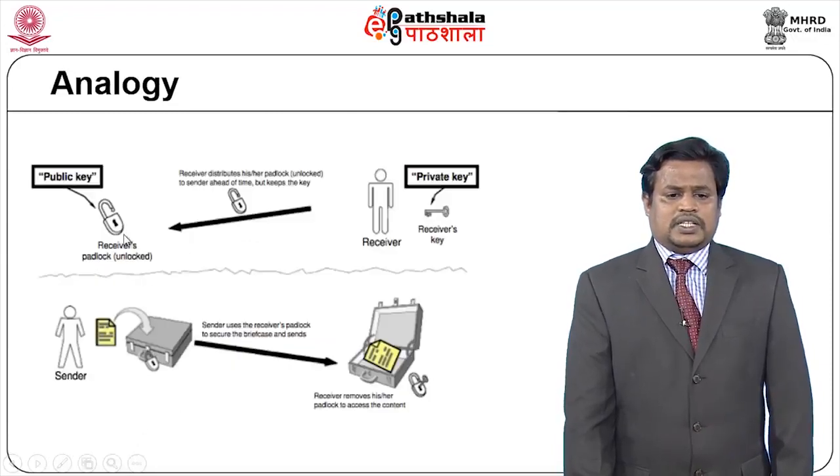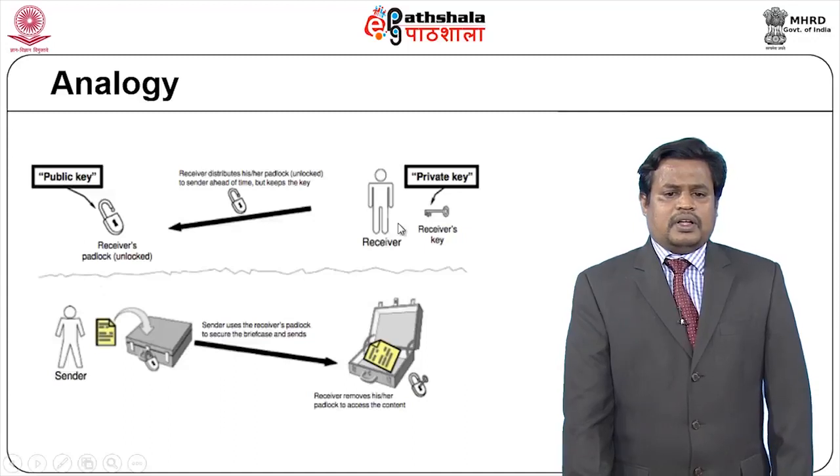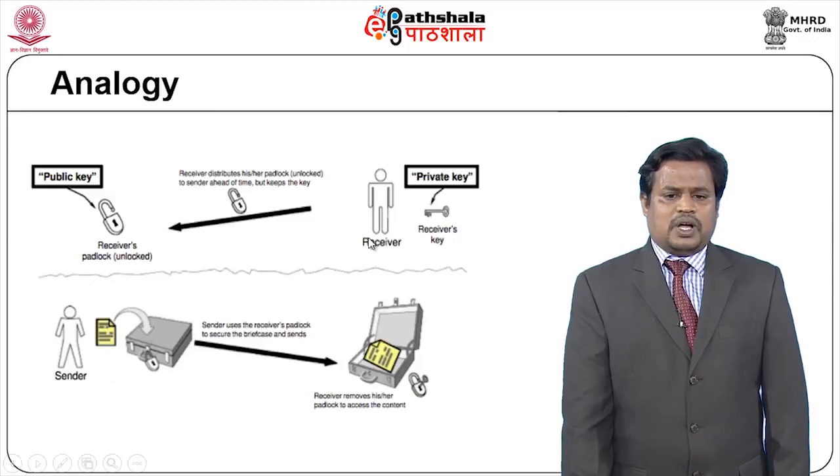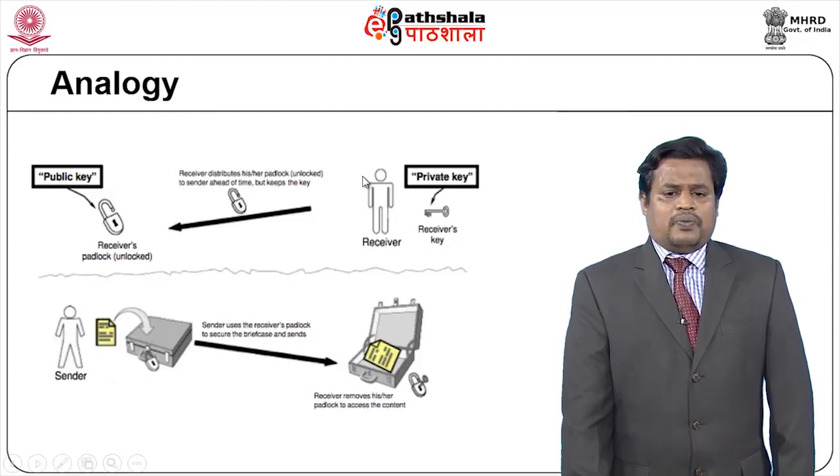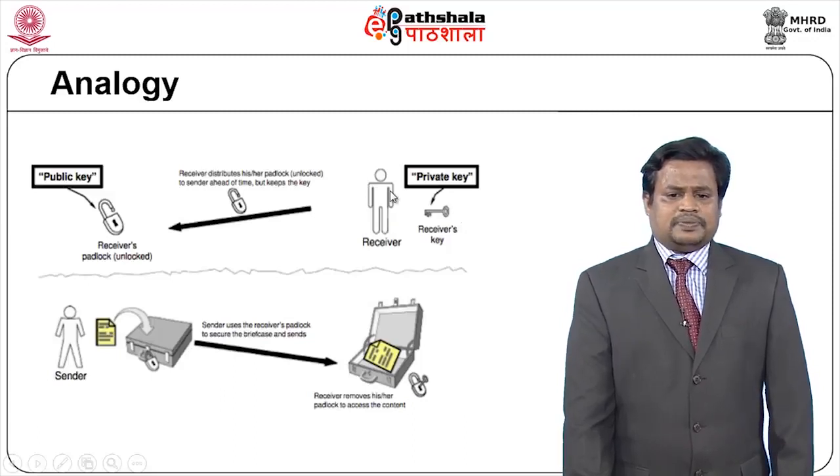Using this same example, we can see how a person sends content using the public key cryptosystem. If I want to send a message secretly to a person, the first thing I need is the receiver's public key.